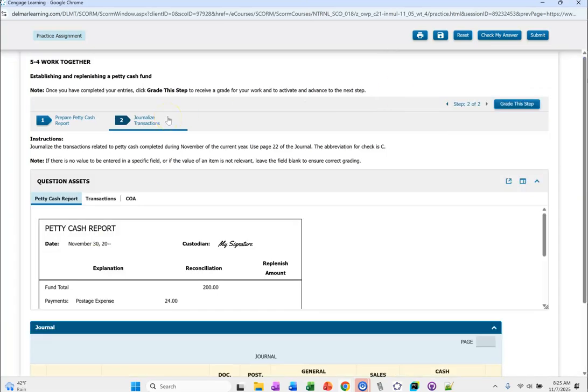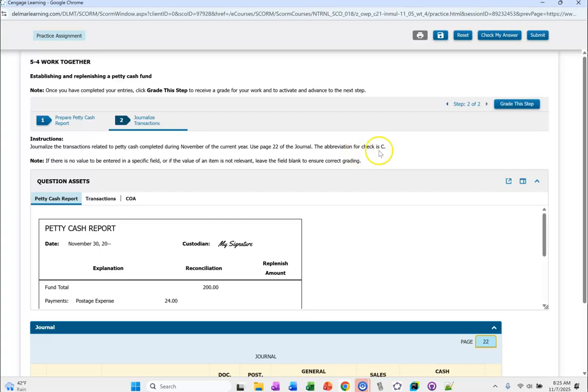Now we're going to journalize these transactions. So it says, once you've completed your entries, click grade this step to receive. Oh, we did that. Instructions, journalize the transactions related to petty cash completed during November of the current year. Use page 22 of the journal. I'm going to go ahead and write that down right now so I don't forget about it.